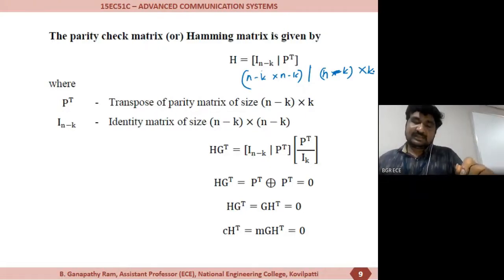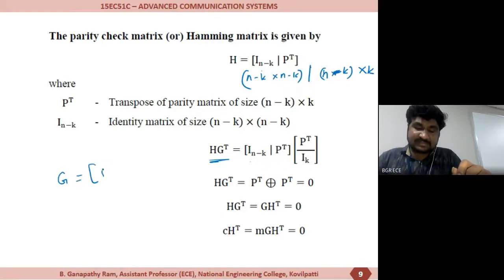If we multiply this Hamming matrix with the transpose of the generator matrix, it can be represented as I of n minus k combined with P transpose, where G is the combination of P and Ik, and Ik is the identity matrix of size k cross k.